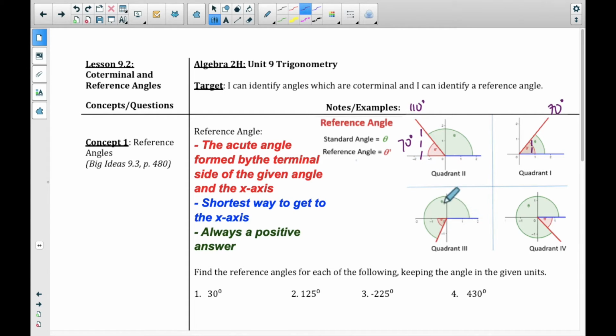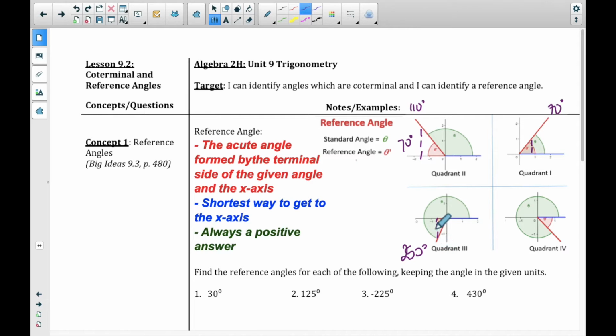Moving into quadrant 3, we're all the way down here. How big is our reference angle? Our reference angle is the shortest way to the x-axis. So if I go back here, I'll get to the x-axis. How big is that angle? Again, I'm going to have to make one up. Let's say this is like 250 degrees here. So from here all the way around to here is about 250.